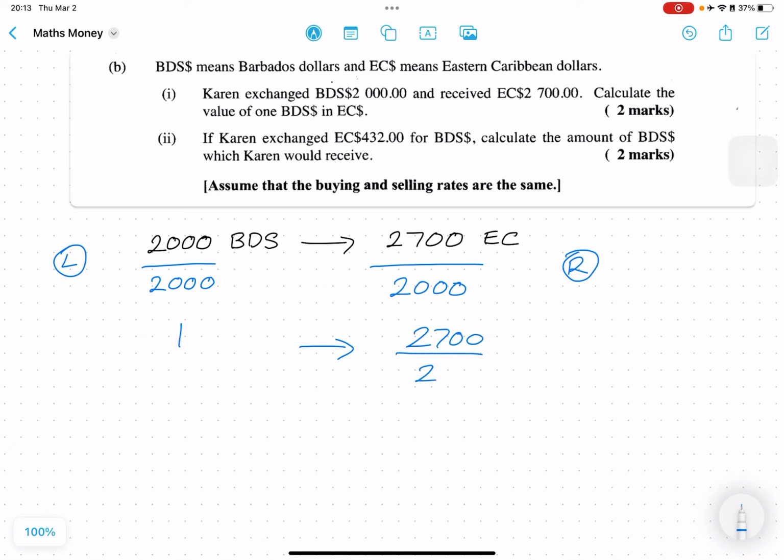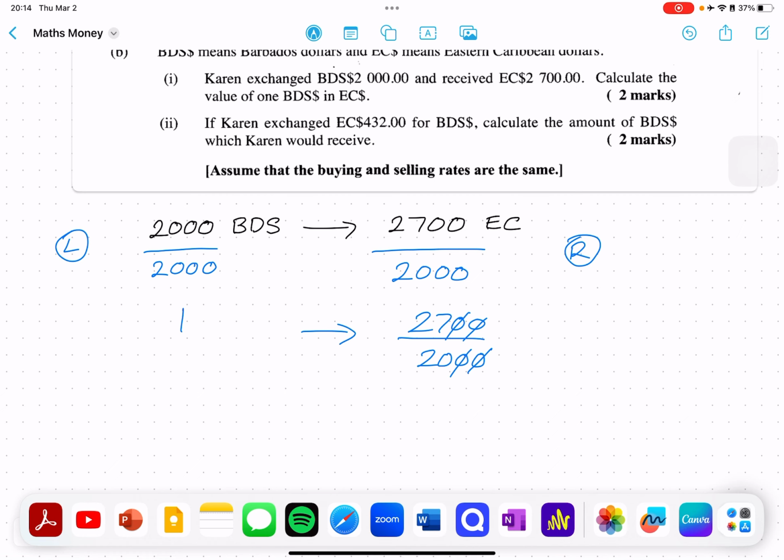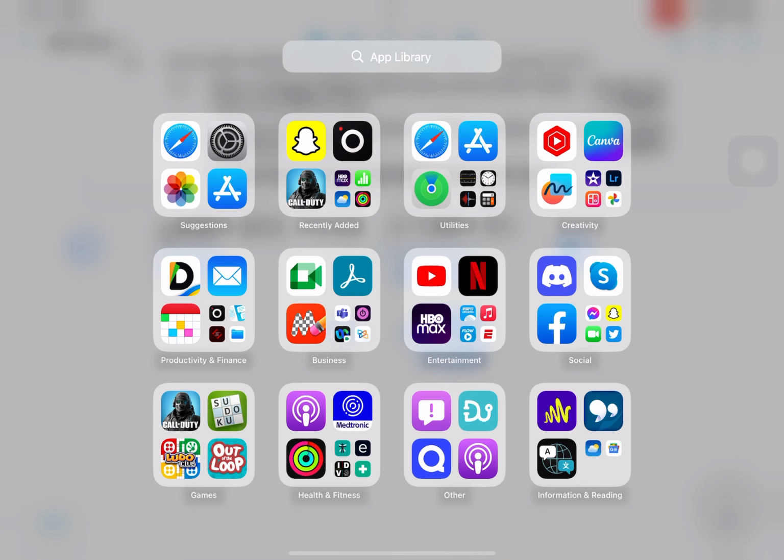2,700 over 2,000, which you can put in a calculator, or we could just cancel out the zeros like this, and whatever 27 over 20 is in your calculator, we could get that. Let me see if I could bring up a calculator here.